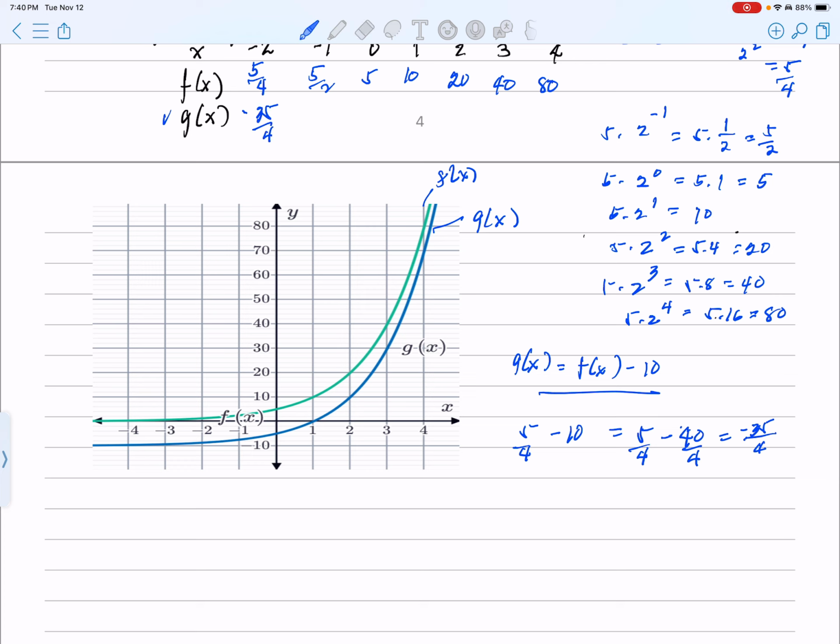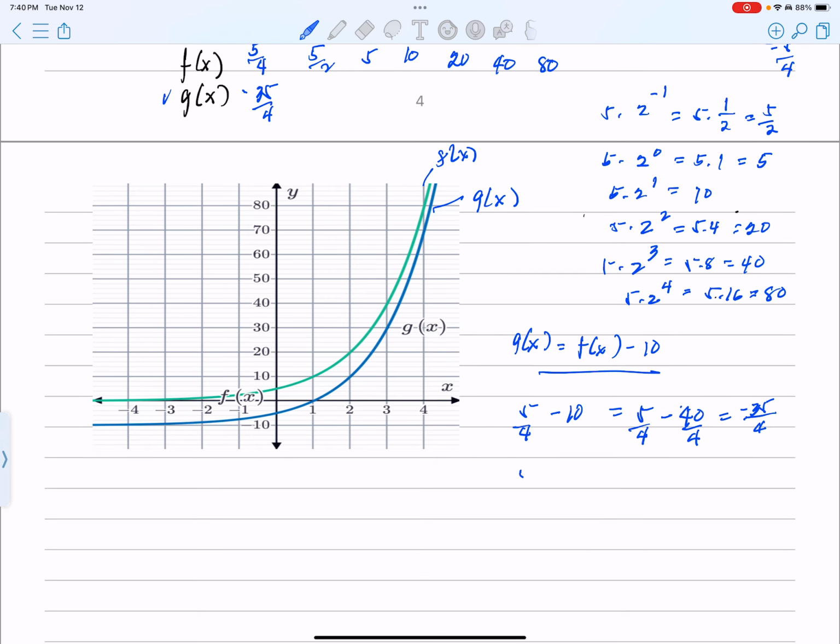Let's do 5 over 2 minus 10. Turn it into a fraction: 5 over 2 minus 20 over 2. That is negative 15 over 2.